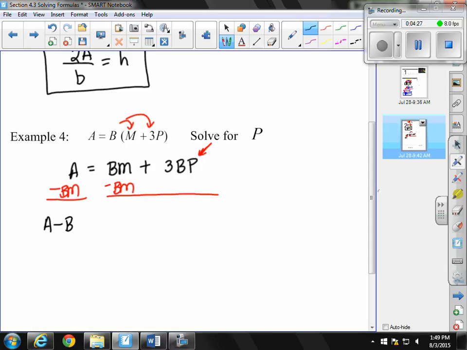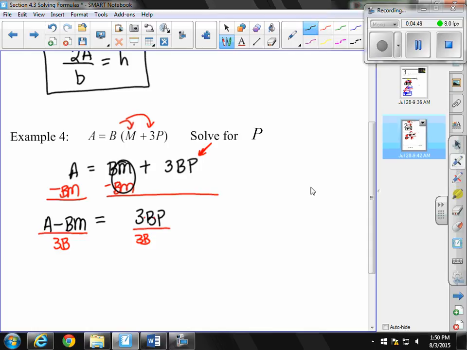A minus BM equals BM minus BM is 0, so we have 3BP. 3 times B times P, multiplication property. We want to get P by itself. We're going to divide both sides of the equation by 3B.